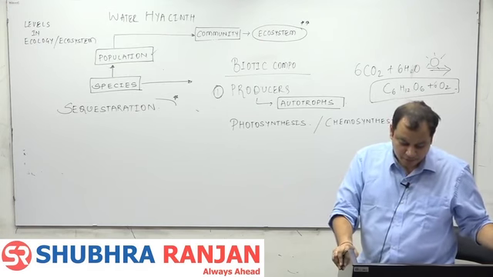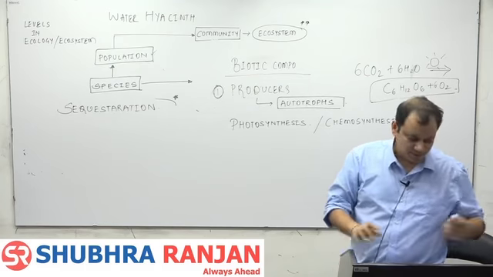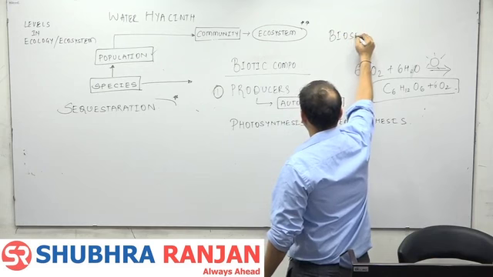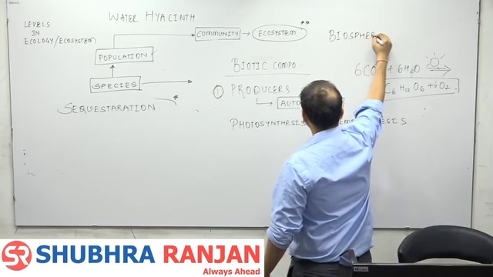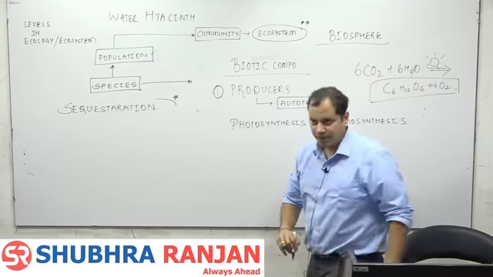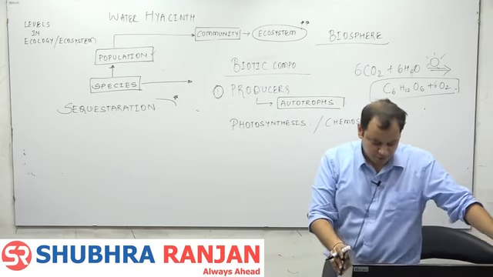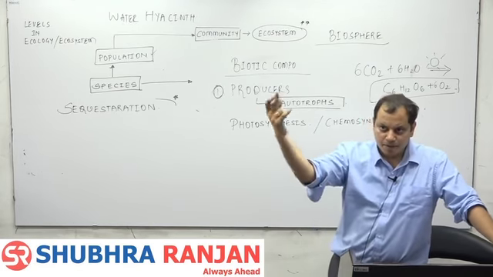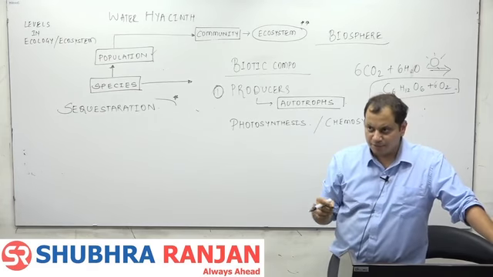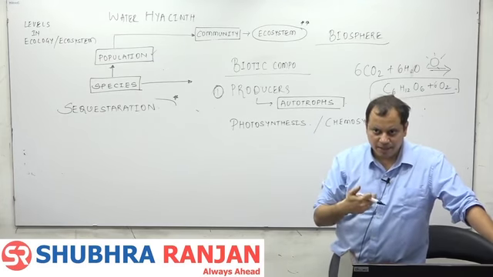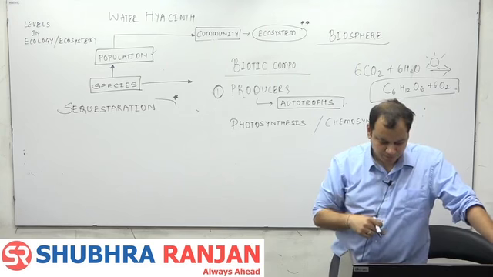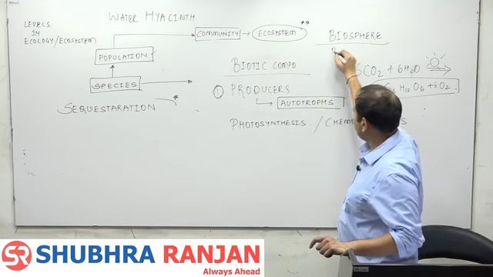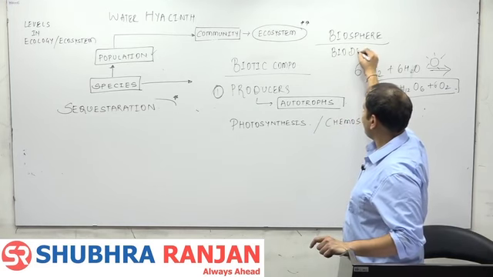That part of the earth which is inhabited by living organisms, that is the definition of biosphere. B is the definition of biosphere. A community of organisms together with the environment, meaning the abiotic component in which they live together, so obviously there will be interaction, so that is ecosystem. Flora and fauna of a geographical area, that is biodiversity.